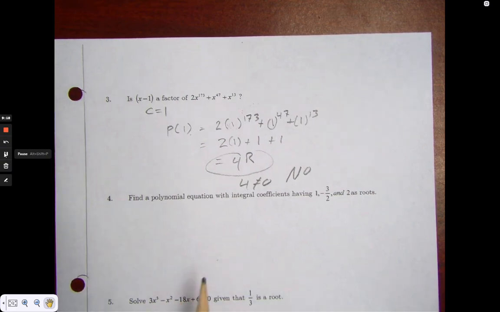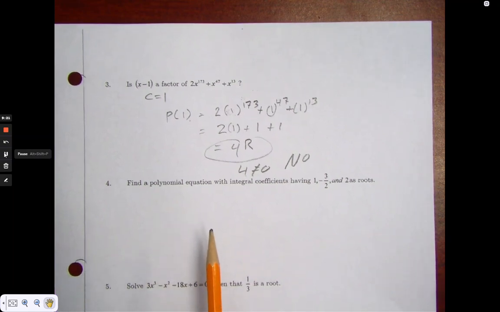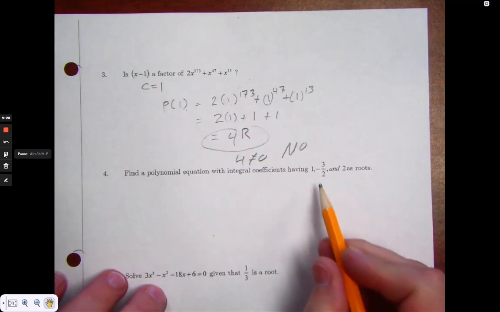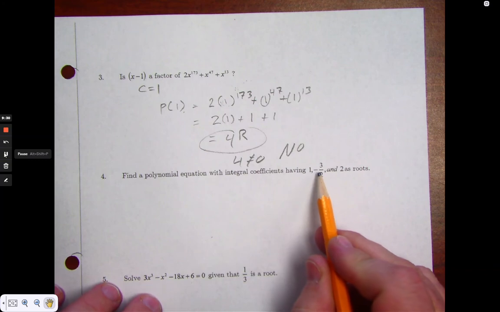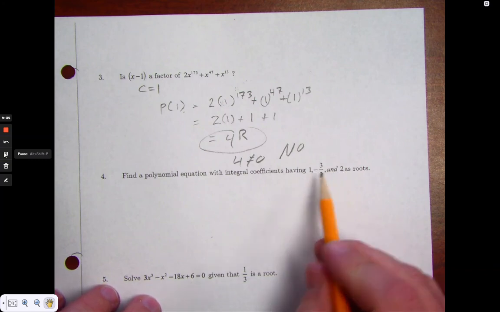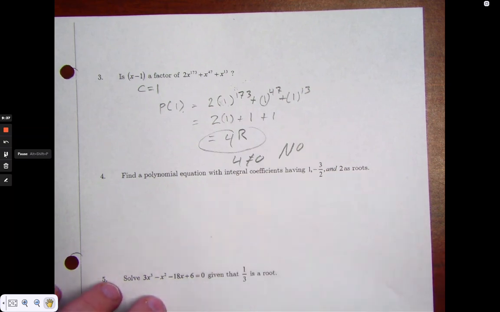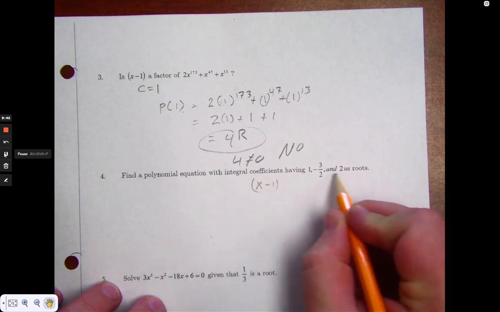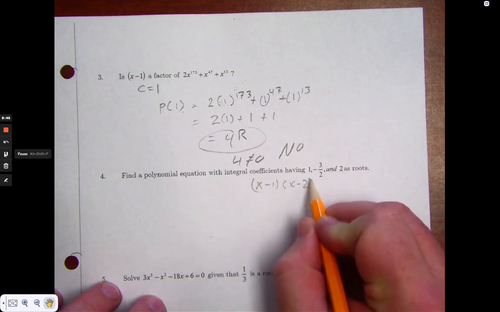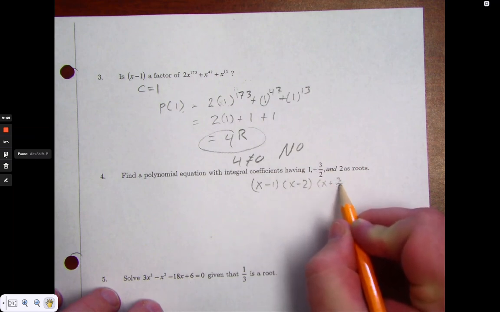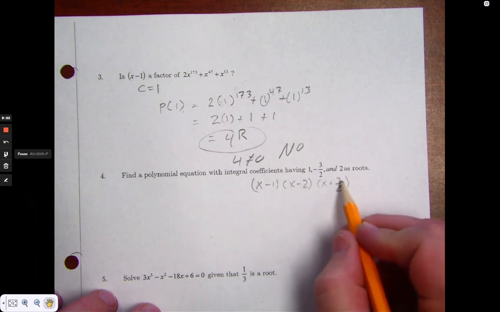All right, now we also know that when we have zeros or roots of polynomial equations, we know how we can write those out. So if our roots are at 1, -3/2, and 2, but we want them to have integer coefficients, this would normally be x minus 1, for 2 it would be x minus 2, and for this one it would be x plus 3/2, but we need this to be an integer.